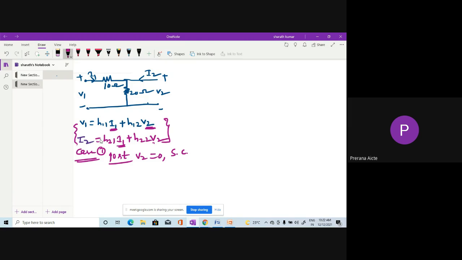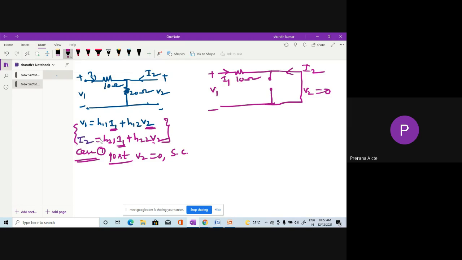If you short port 2, what happens in the circuit is, we have 10 ohms here, and we are short circuiting port 2, and across the short circuit the 20 ohm resistor is eliminated. Why? Because any parallel branch across a short circuit has no impact. So we have plus minus and I1 here. See how simple it is. Of course current will be available here, I2, but V2 is going to be 0.